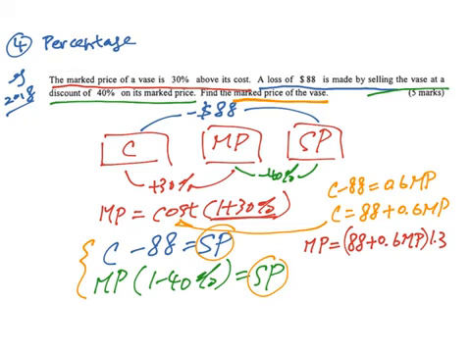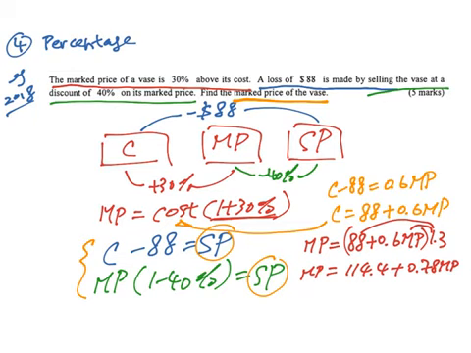Next, the rainbow. So 1.3 times 88 and 0.6 mark price. So mark price will become 114.4 plus 0.78 mark price. And then we move mark price together.